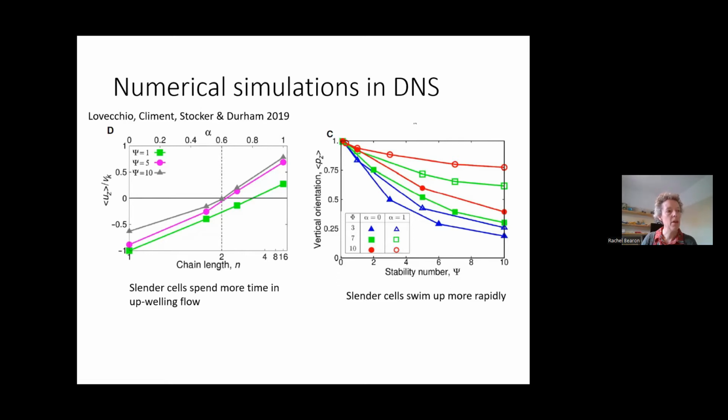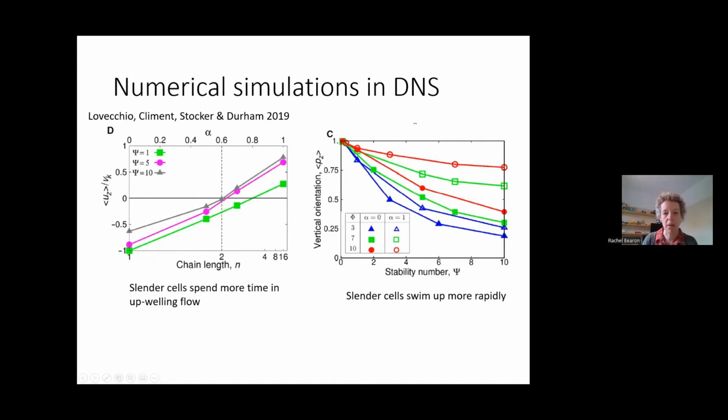And the plots are for the spheres and the limiting case of very slender rods, with the closed and open circles for different values of the swimming speed. So what I'd like to highlight here is if you take just the red line and compare the closed circle, which are the spheres, with the open circle, the rods, we see that the rods, the slender cells, have much greater vertical orientation.